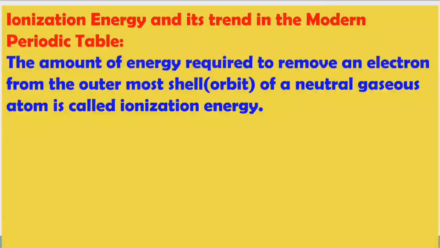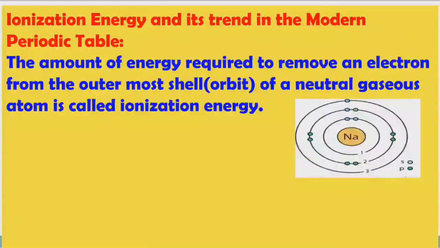To remove an electron from the outermost cell, we need some energy. We call that energy ionization energy.